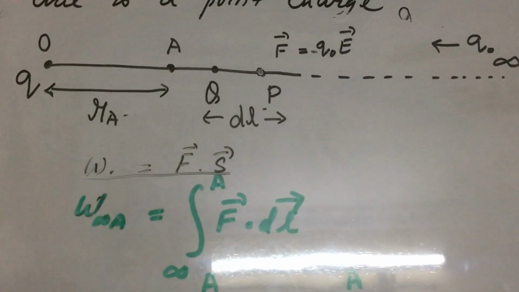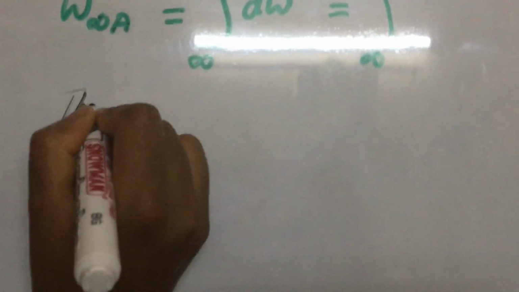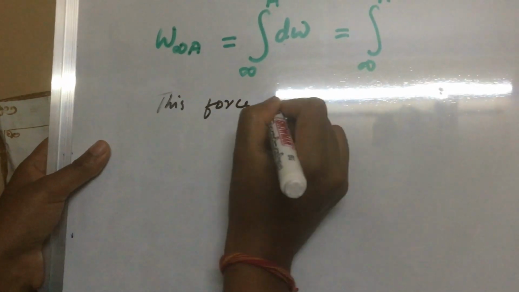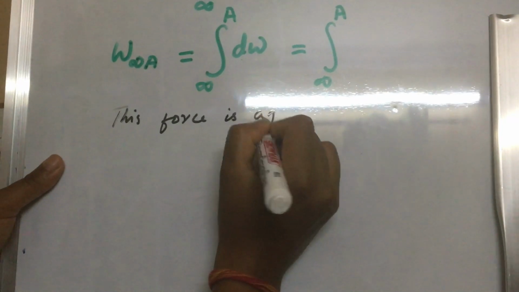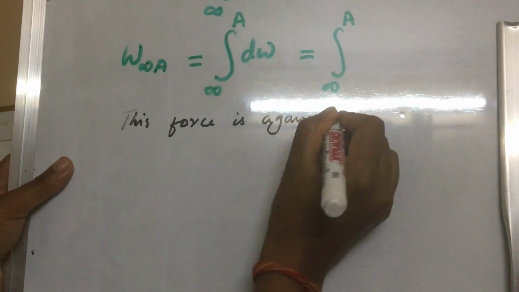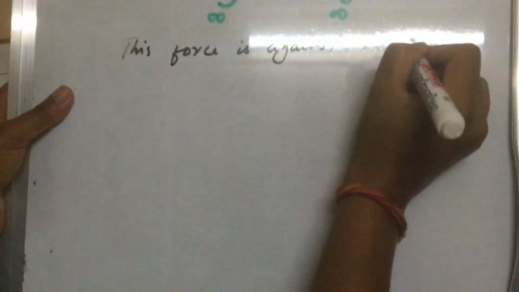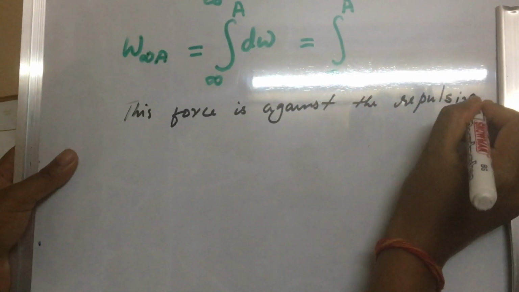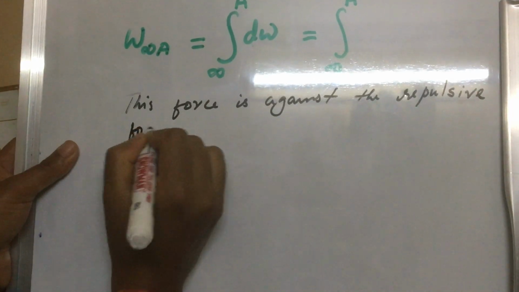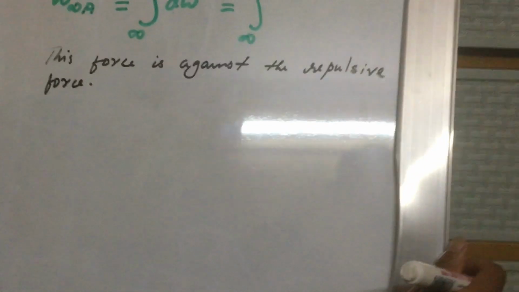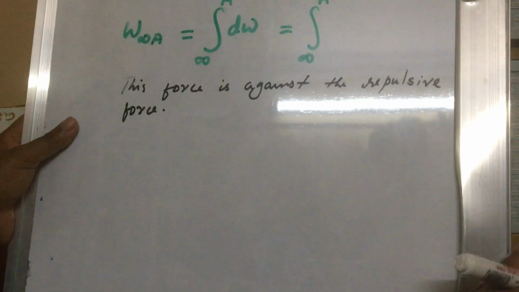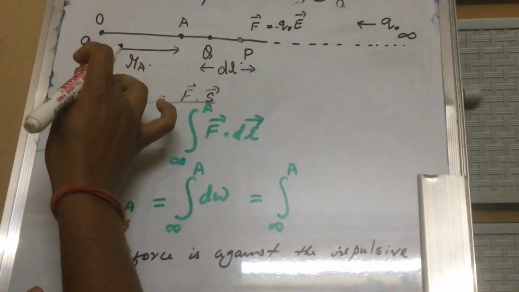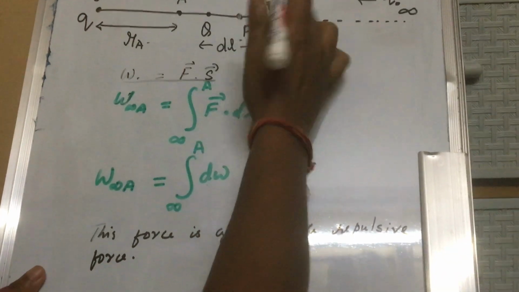So this force is against the repulsive force, right? So minimum amount of force. See, there are some assumptions, like we assume that the kinetic energy didn't increase when it is brought, so the whole of the energy is potential.